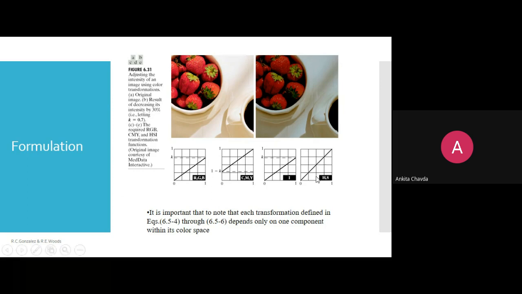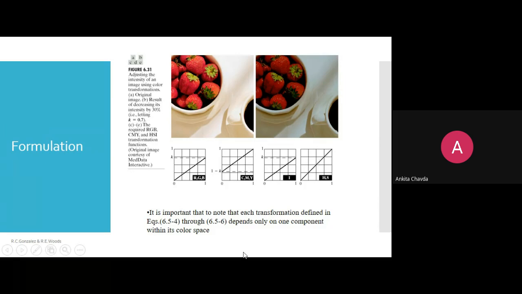Now this is for your HSI model. So what I said, H and S, that will remain as it is. Don't touch it. So see this H and S. Yes. So this is what your H and S. It is very similar to what it was previously, right? The same. No change in that. But you are doing the change only in intensity. That is very similar to this R, G and B. Right? Very similar to that.